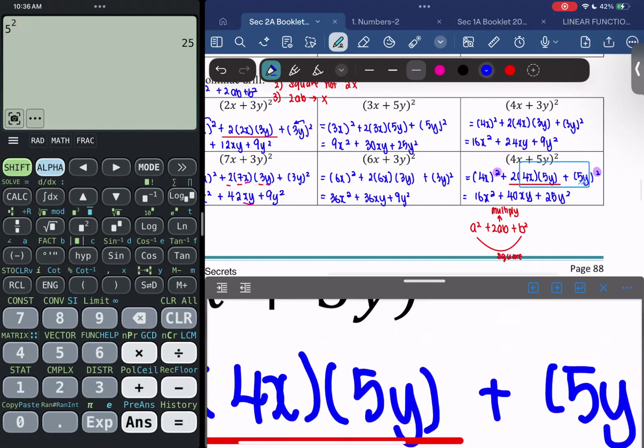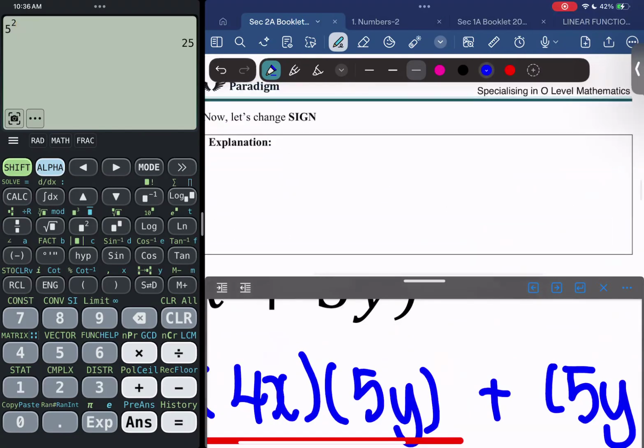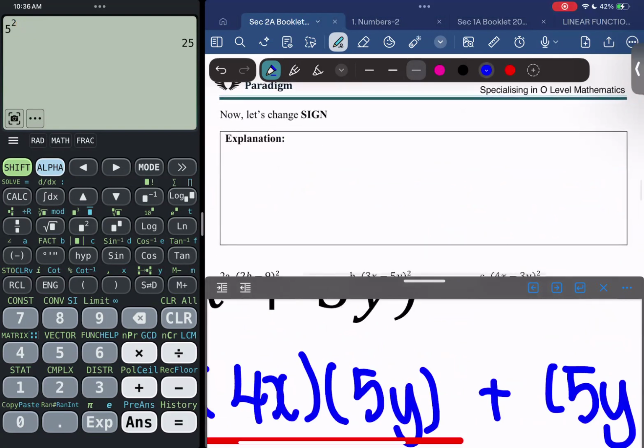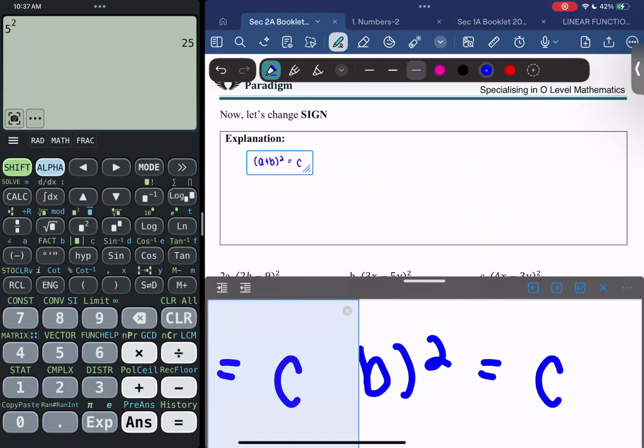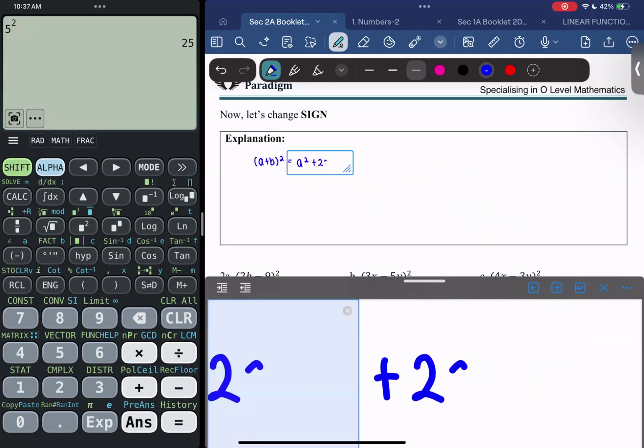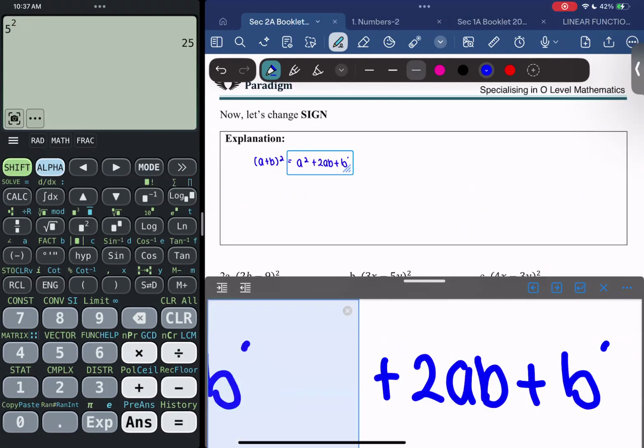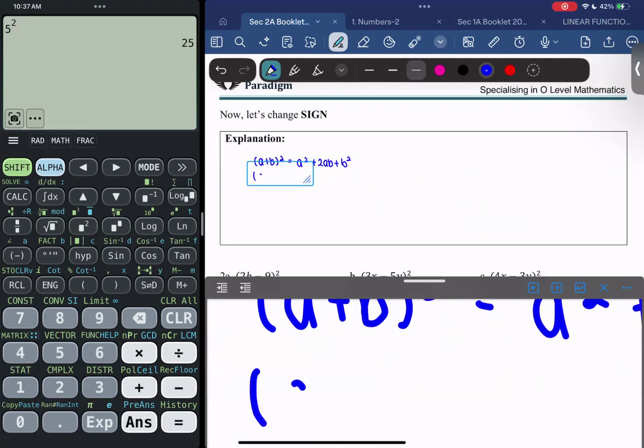Okay, guys, let's move on. I'm calling you guys all back. Now, move on to the second rule. Let's compare the first rule and the second rule. Remember, the first rule is this. The second rule is this.